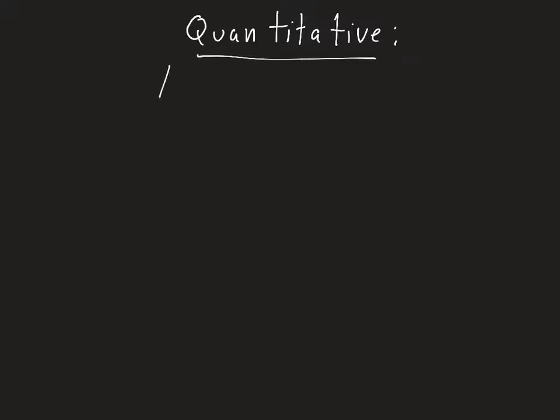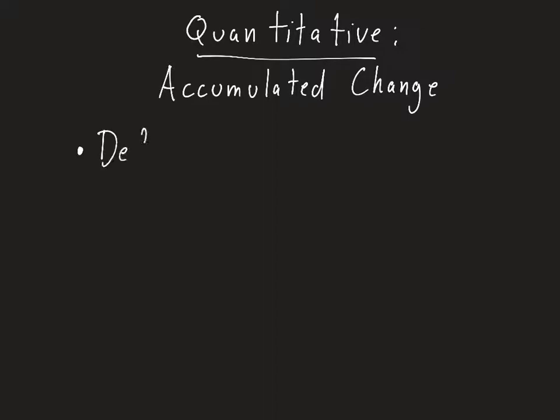And I mentioned that when we think about definite integrals quantitatively, we usually think of these in terms of what we call accumulated change. So the first thing to note is that a definite integral gives you a number.